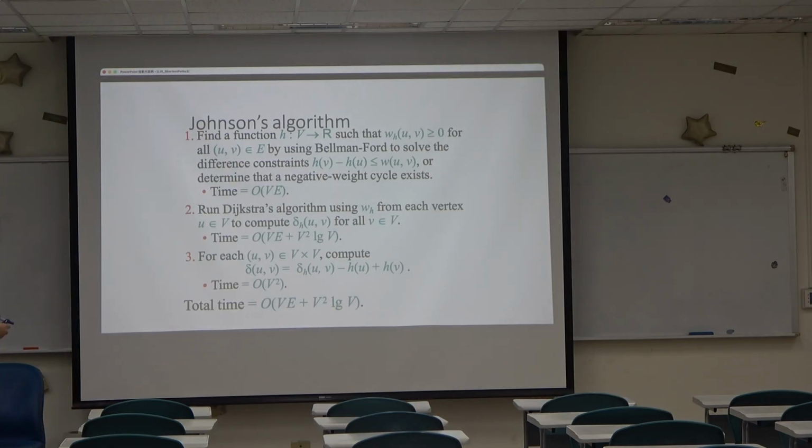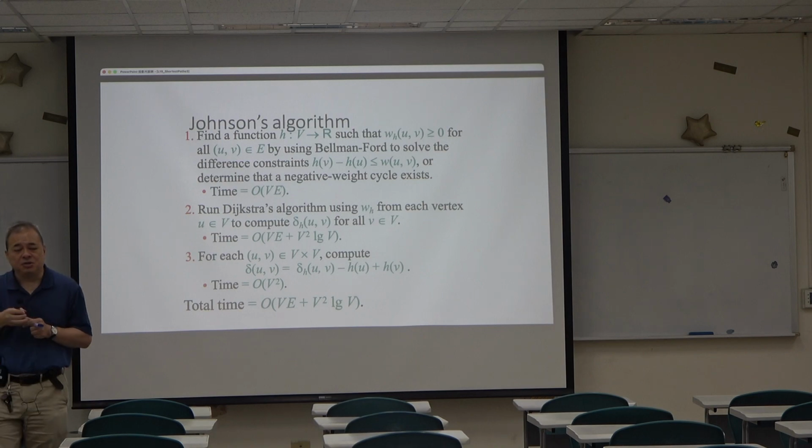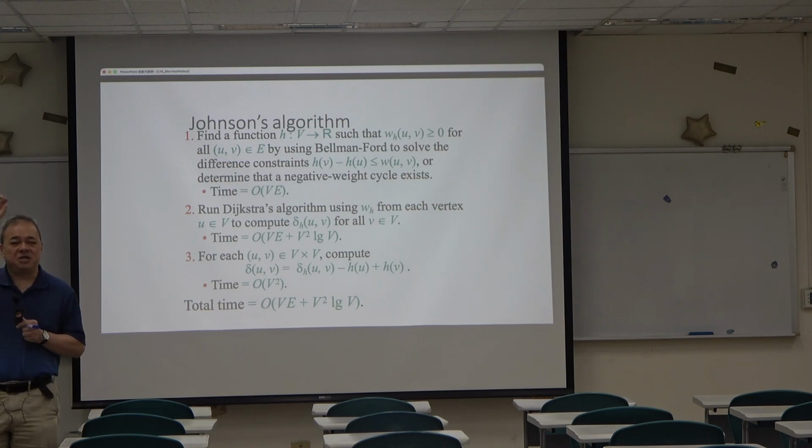Then you can call Dijkstra's algorithm to compute single source shortest path, but you need to call it V times, because you need to do it from every node, since we want all pairs shortest path.